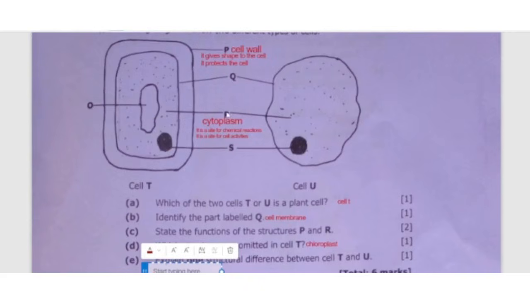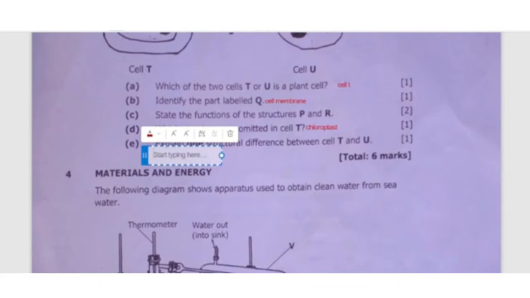When we look at this, here there is this vacuole, but when you look at this cell, there is no vacuole. Because we have identified that cell T is a plant cell, we can just use the same word, cell T.